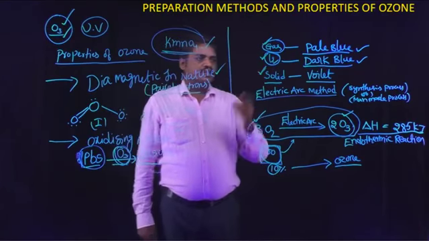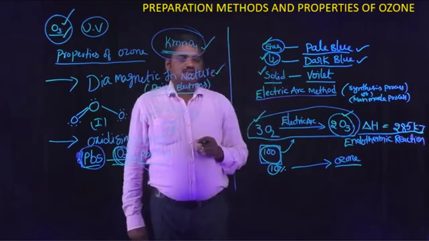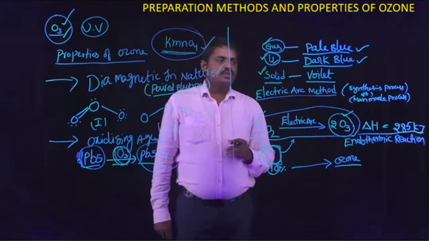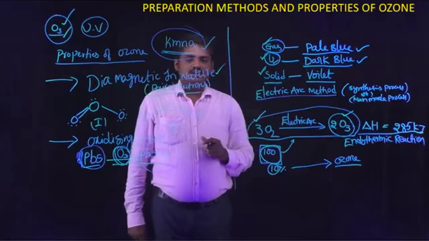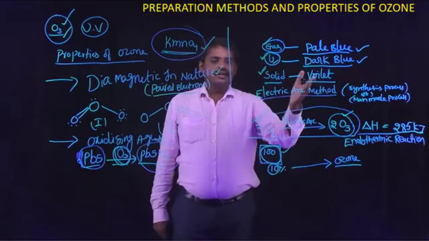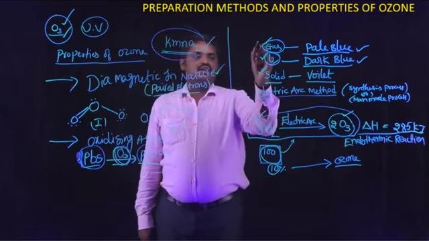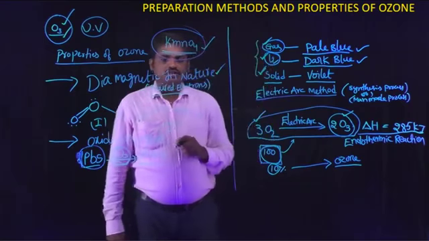The gaseous ozone molecule exhibits a pale blue color, the liquid state exhibits a dark blue color, and the solid state exhibits a violet color. This is the introduction to the ozone molecule.